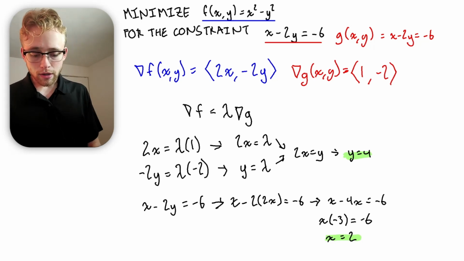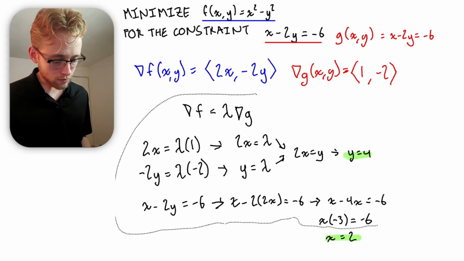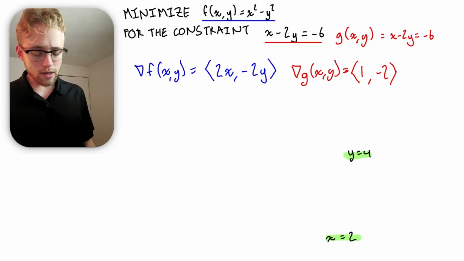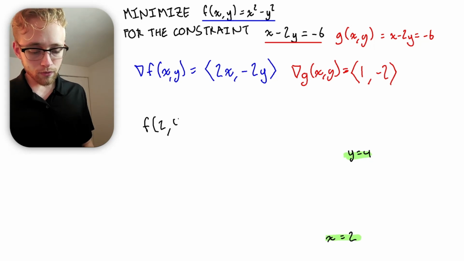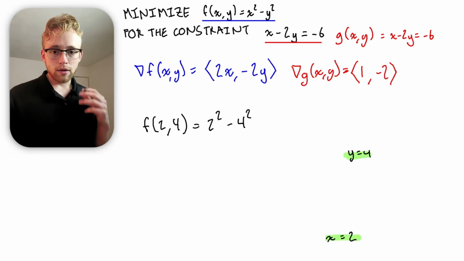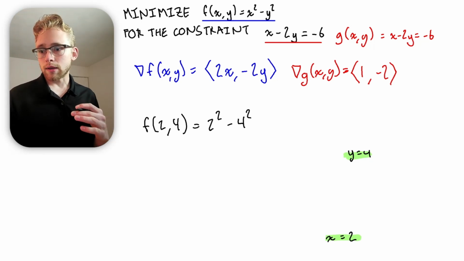So let's do that. f of 2, 4 is equal to 2 squared minus 4 squared. And let's see what we get out of that.